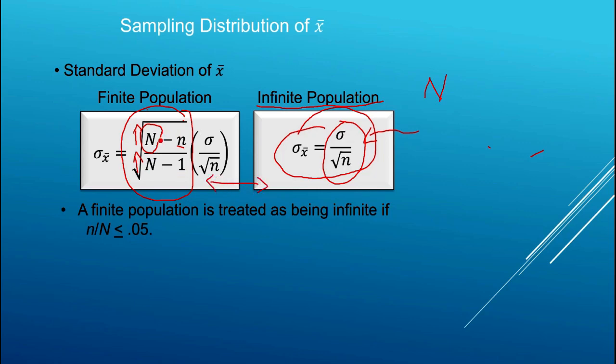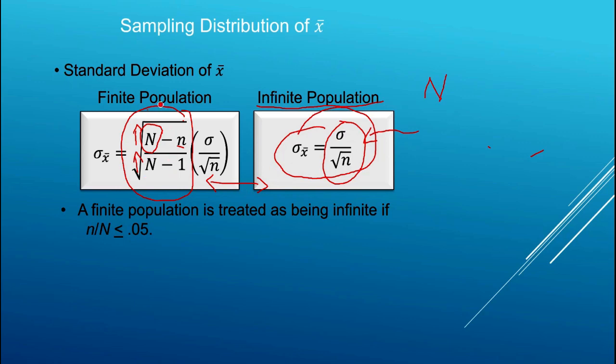So if N is really, really large, and I'm talking about capital N here, the size of the population, holding the sample size fixed, then these two estimates of the standard error of the estimate are going to give pretty much the same answer.